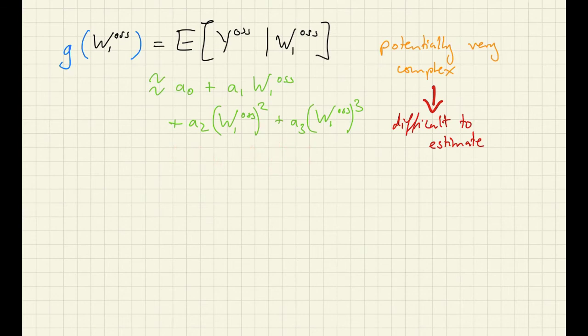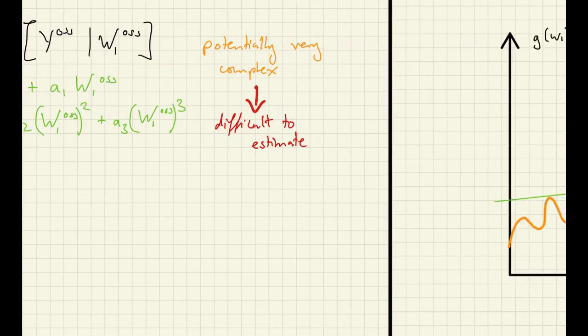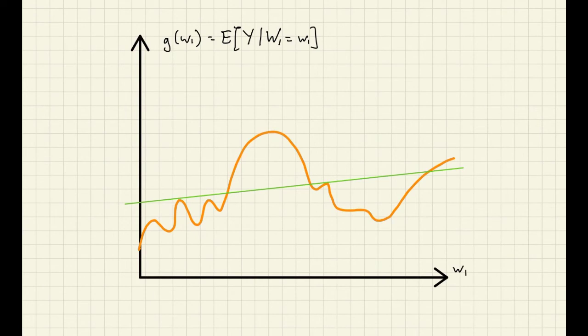So we may want to use a number of transformations of our predictor and then use this kind of linear form in the transformations to approximate the conditional expectation. And then actually we may be able to get something that approximates the conditional expectation fairly well, maybe something like this.